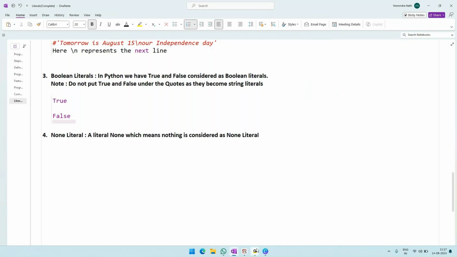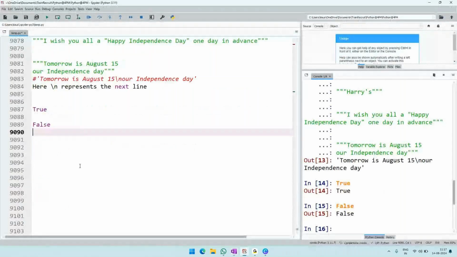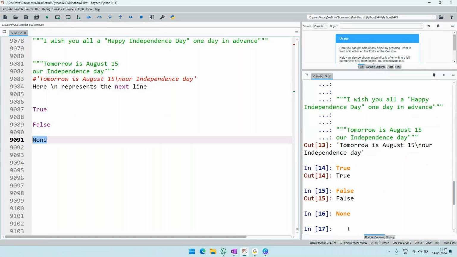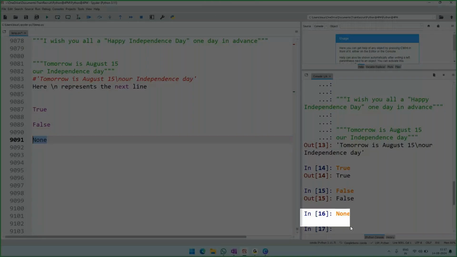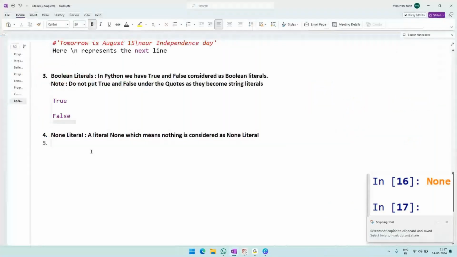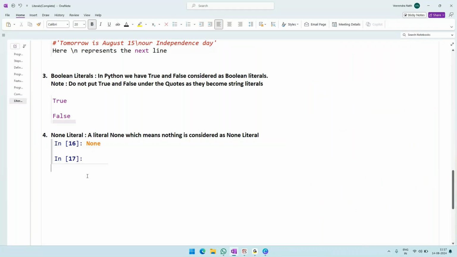So how can I write that? I can write None. So you can see nothing. That is why we are saying None means nothing. Now you might get a doubt about where this is going to be used. We will try and understand it later.